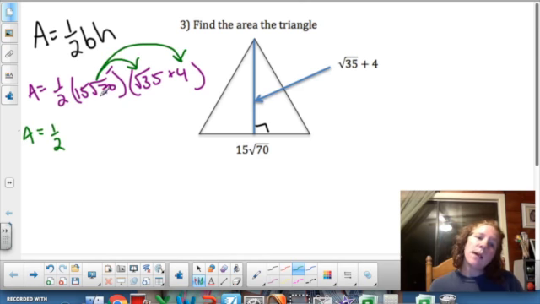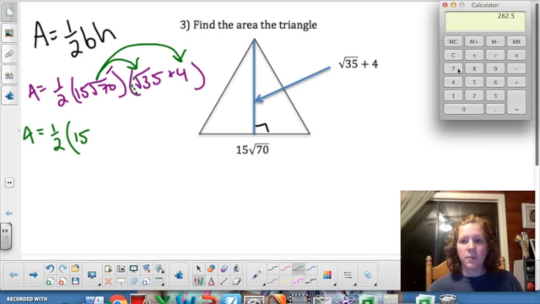So when I'm multiplying radicals, the coefficients get multiplied. Well, the coefficient here is a little understood 1, so 15 times 1 is 15. And then 70 times 35. Pull up your calculator and let's see, 70 times 35 is equal to 2,450.